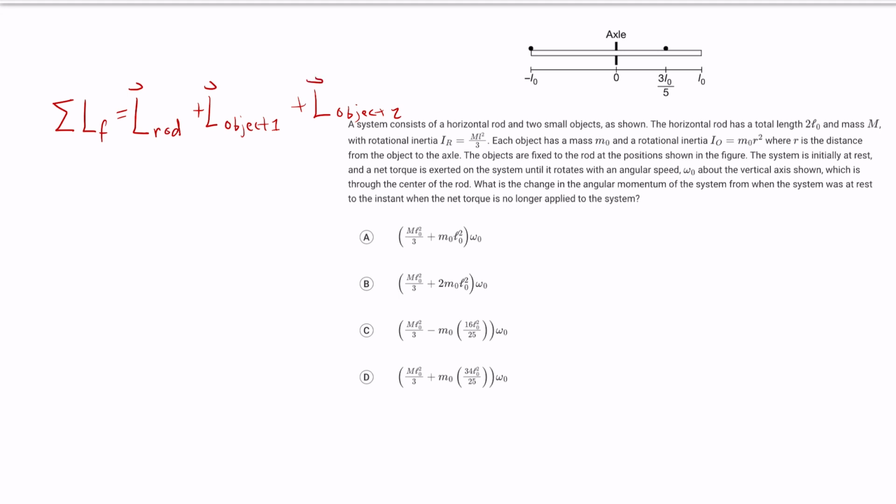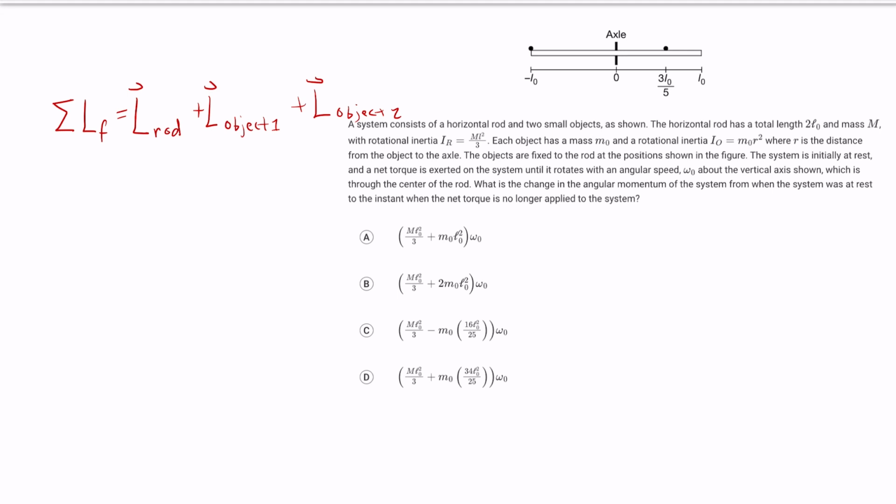The final angular momentum of the system is just going to be the sum of all of our final angular momentums. And we can actually calculate the angular momentums here symbolically, because as long as we know the definition for angular momentum, it's just I omega. Okay? It's just I omega. Then we can go ahead and just plug in everything we know, because we know all the I's, and we know they're all going to be traveling at the same omega.